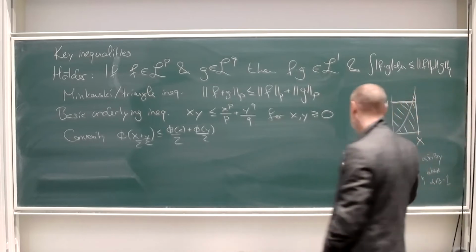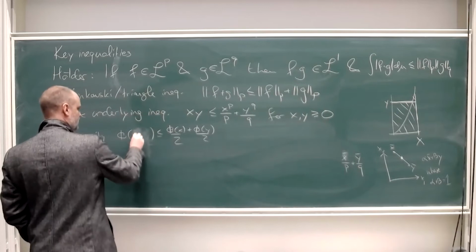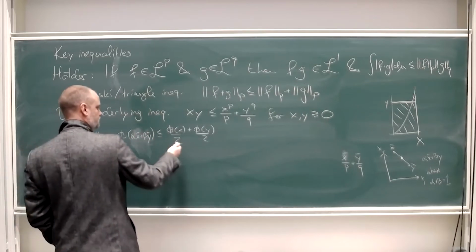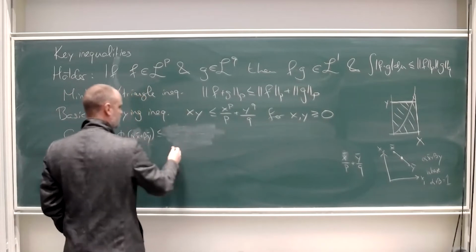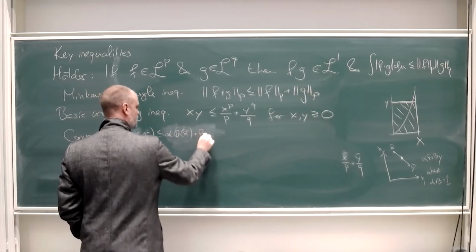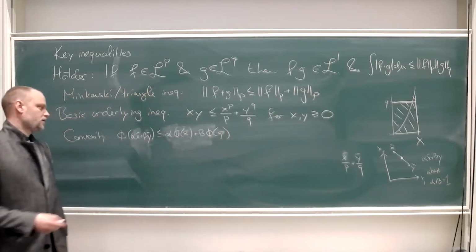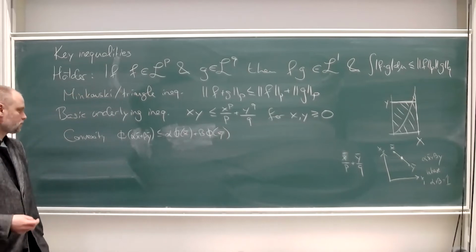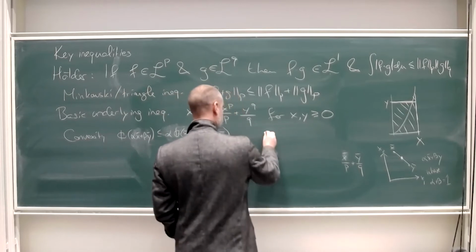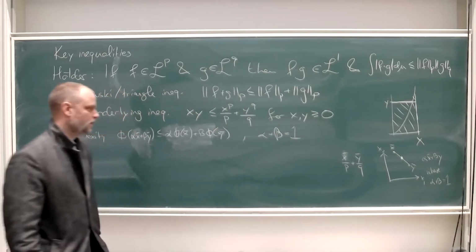So convexity says phi of alpha x plus beta y is less than or equal to alpha phi of x plus beta phi of y. That's what convexity is, for all alpha and beta, again, such that alpha plus beta equals 1.